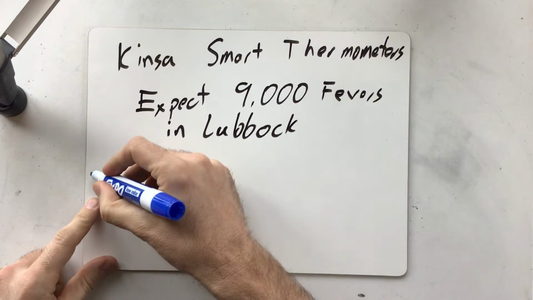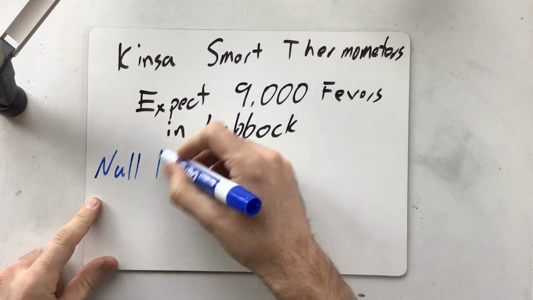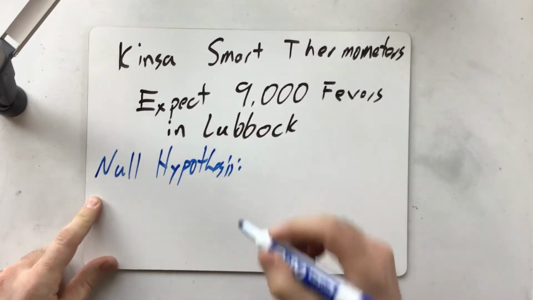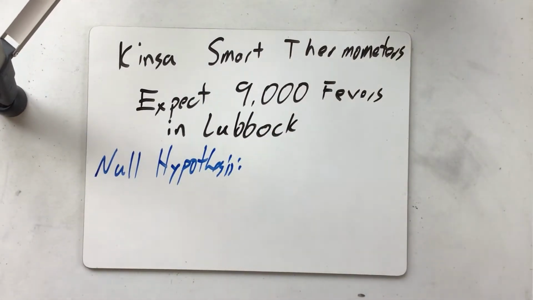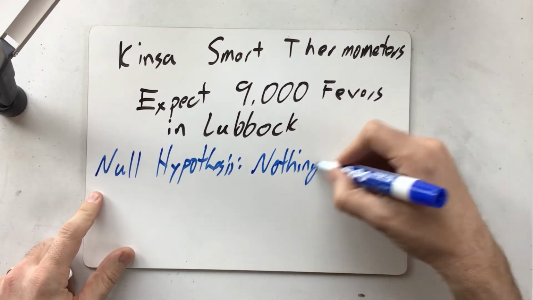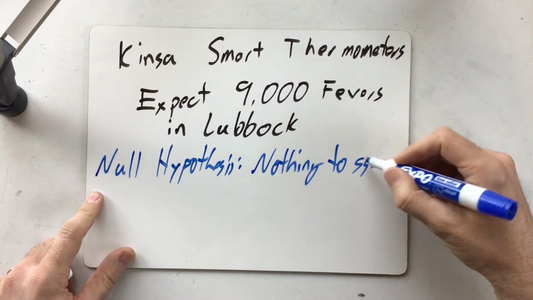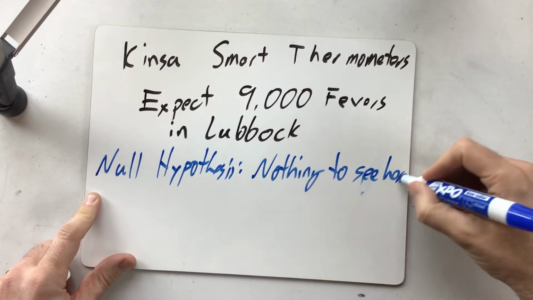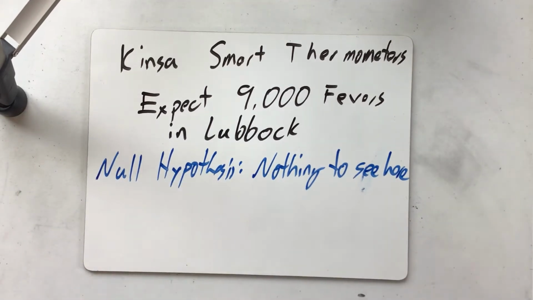So we might have a null hypothesis. The null hypothesis would be what to expect if nothing interesting is happening. There's nothing going on. Nothing to see here. The null hypothesis is that life is just like normal, and there's nothing to see here.